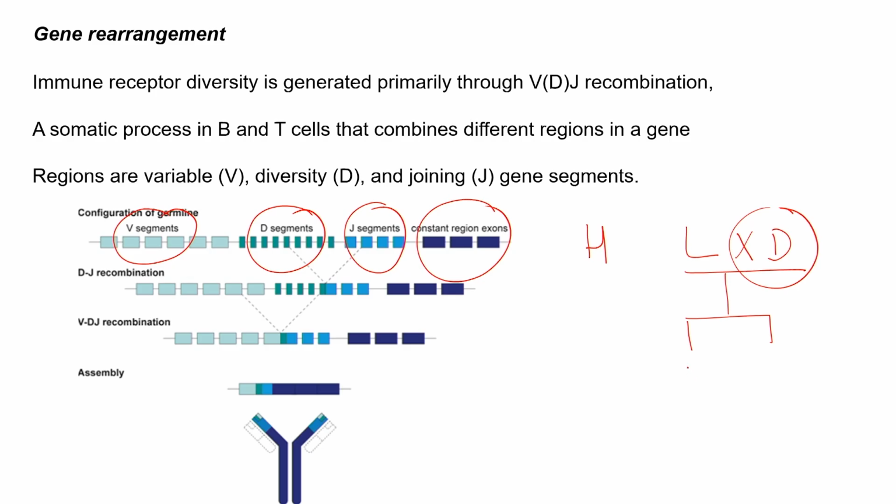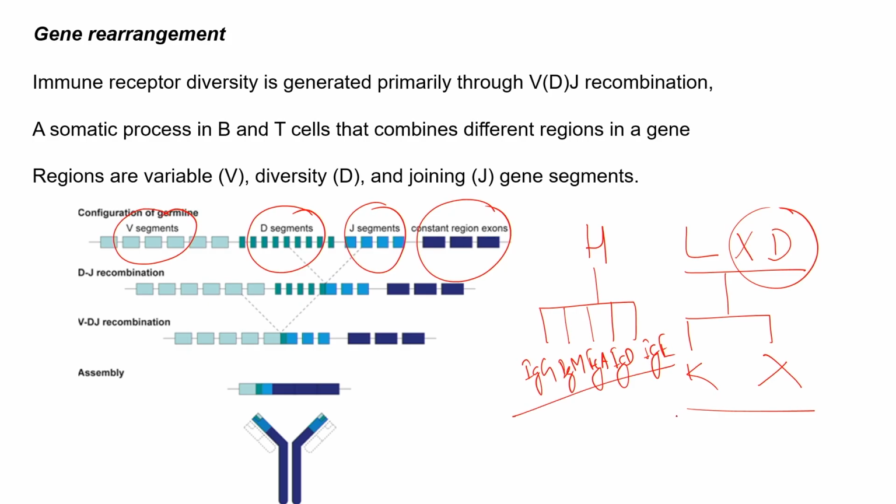We call them kappa and lambda, which we discussed in the last class, and in heavy chain we have 5 variations which can lead to 5 different kinds of immunoglobulins: IgG, IgM, IgA, IgD, and finally IgE. So these are the 5 variations in the heavy chain that could lead to production of different immunoglobulins.